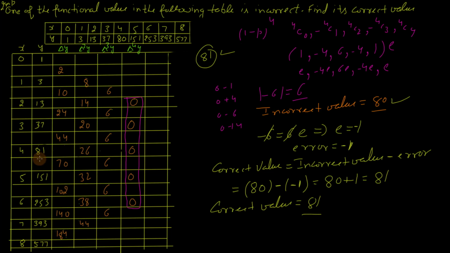I hope that I have been able to clear this concept in your mind and you are able to understand it. It is a very important concept from the examination point of view. So I would expect you to attempt more and more questions from the book on this topic, and if you have any doubt regarding this, you can ask me and I will be very happy to take your doubts.